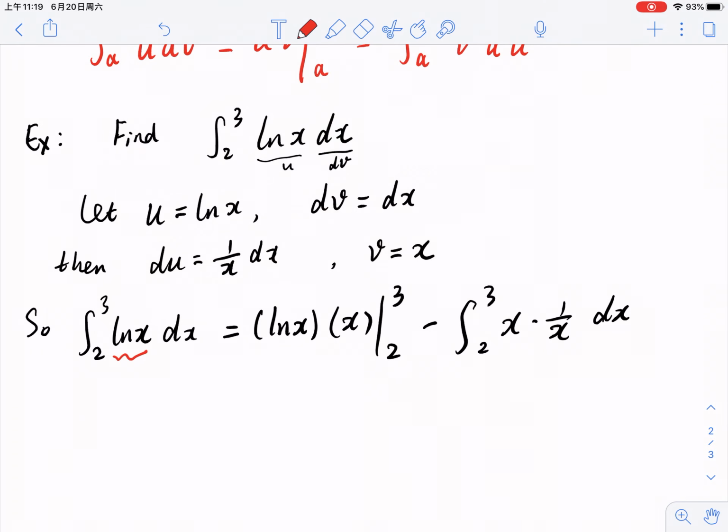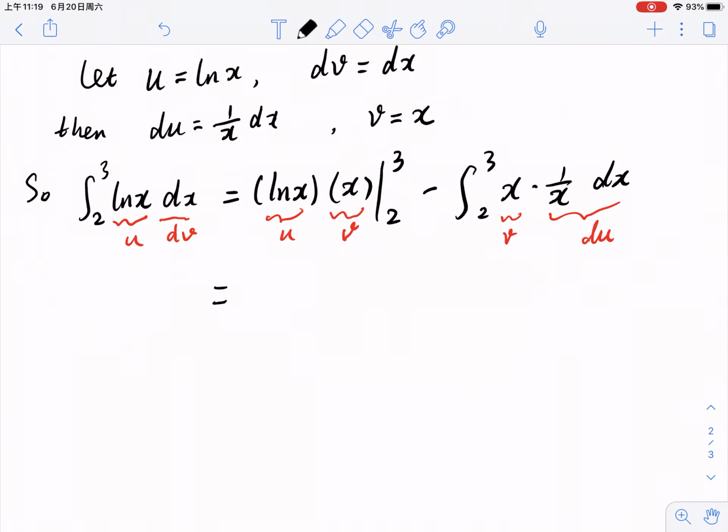This is u times v evaluated from 2 to 3 minus the integral of v du, where du is 1 over x dx.